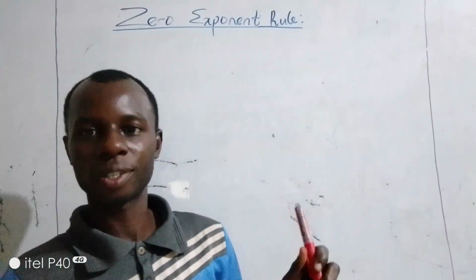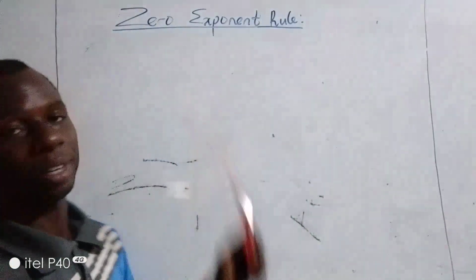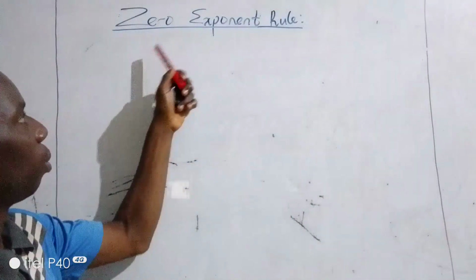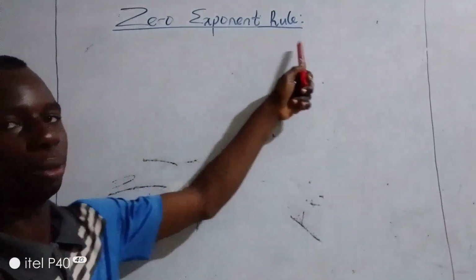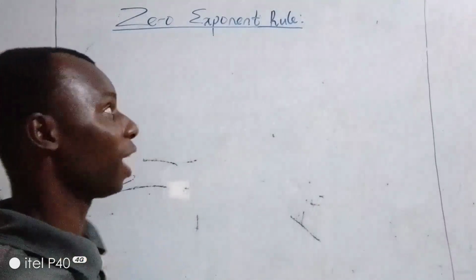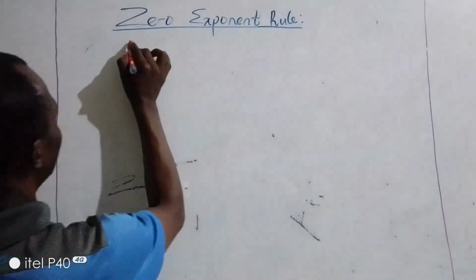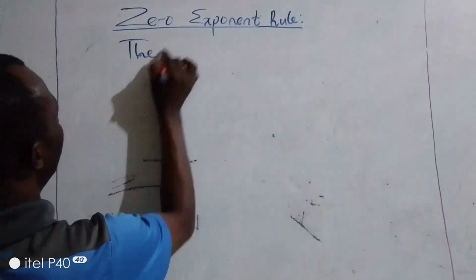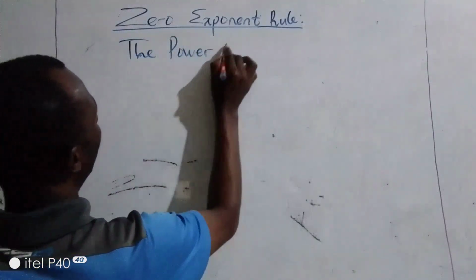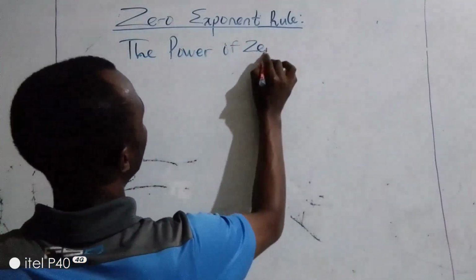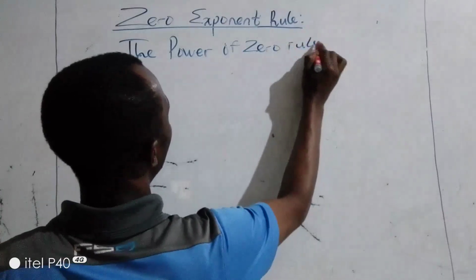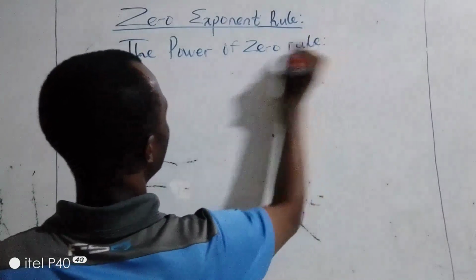Today we want to discuss a rule in mathematics known as the zero exponent rule, which I also like to call, at times, the power of zero rule. And what does this rule mean in mathematics?